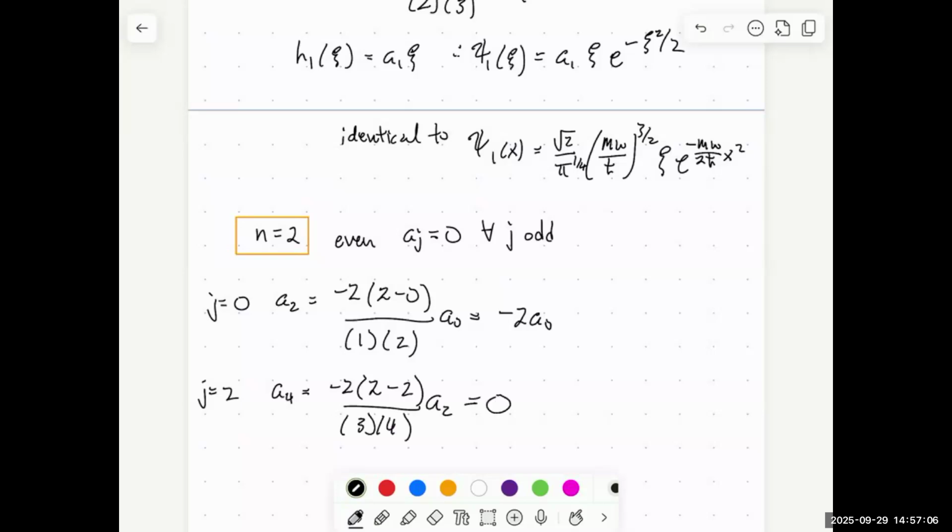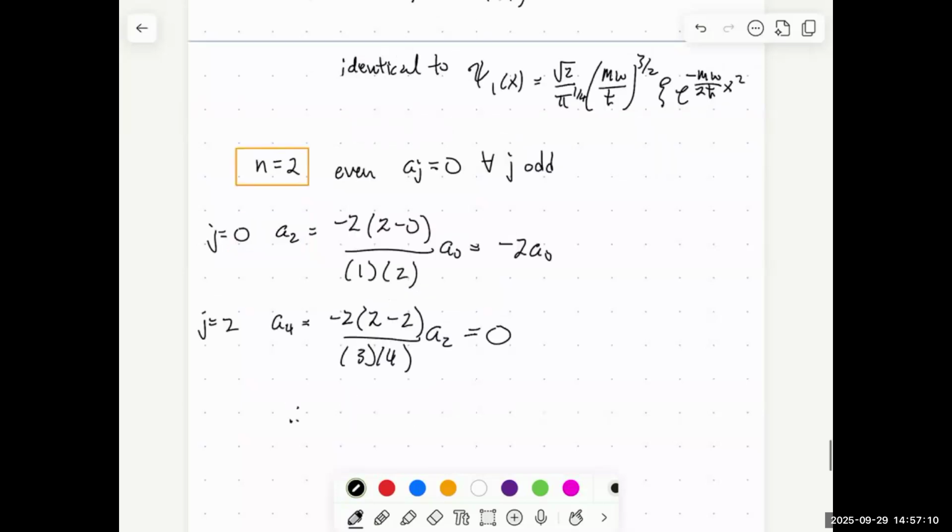And then a6 will be 0, a8 will be 0, and so on. And so therefore, our h power series has an a0 term. And then it has -2 times a0 times z squared.